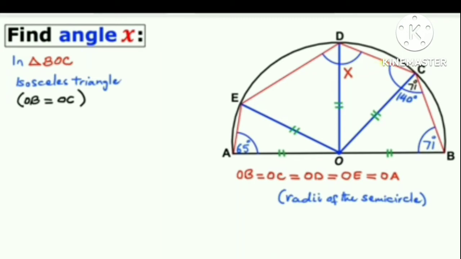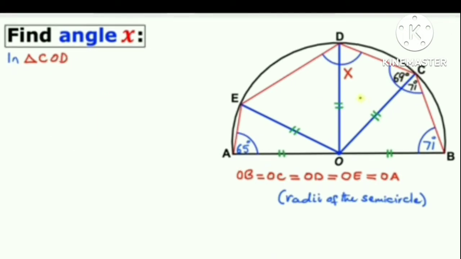Now we know that this whole angle is 140 degrees. So if we subtract 140 degrees minus 71 degrees, this part of the angle is going to be 69 degrees. And now let's focus on this other triangle COD.